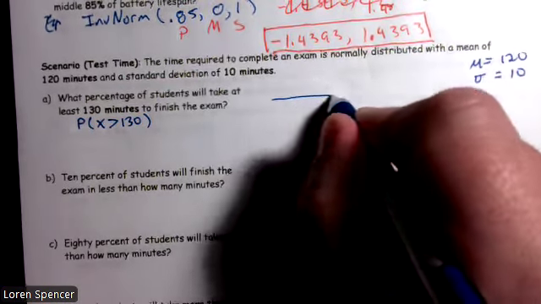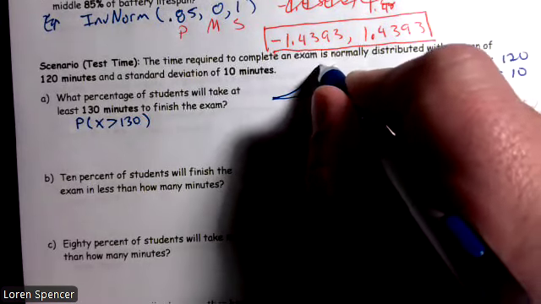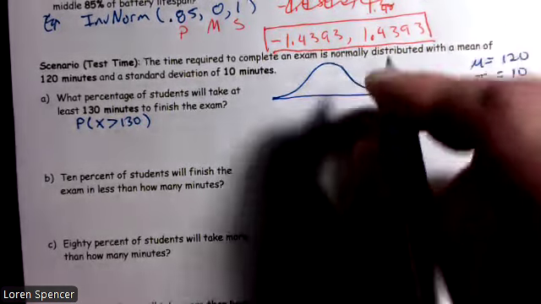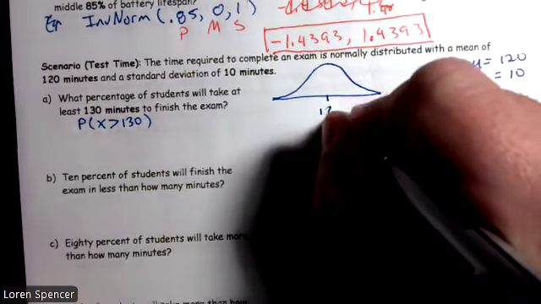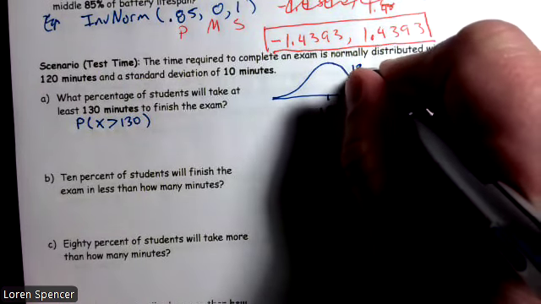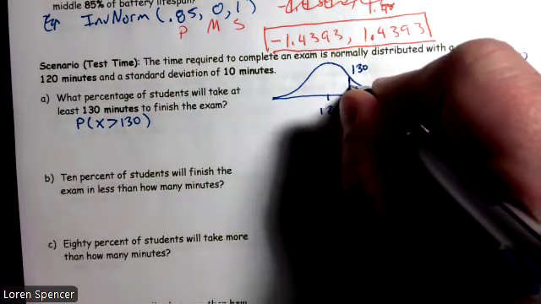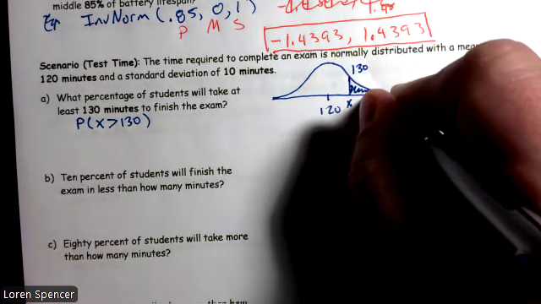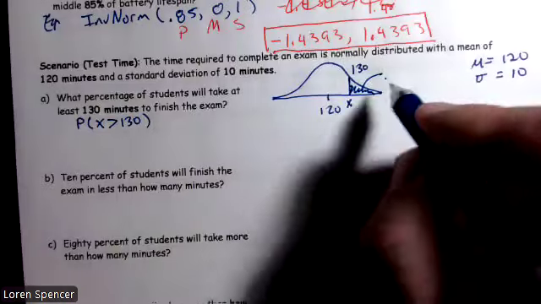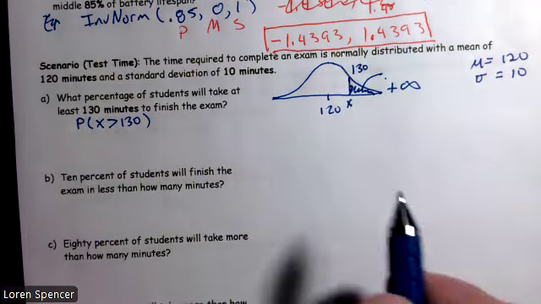So if I draw my picture of this, we're sitting at a mean of 120, and we're up here at 130. This is my X, and I'm looking for that area. Now remember, this goes to positive infinity.